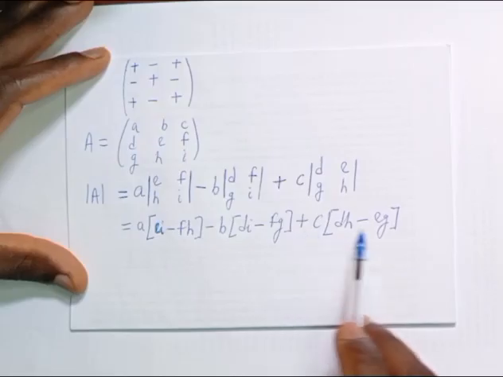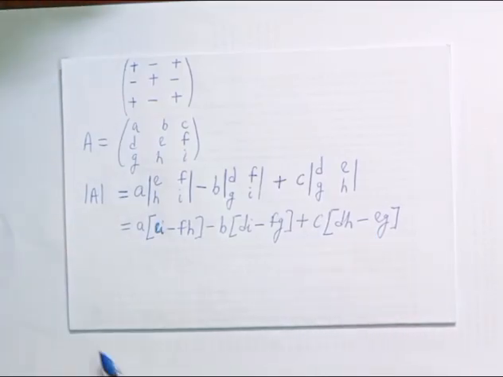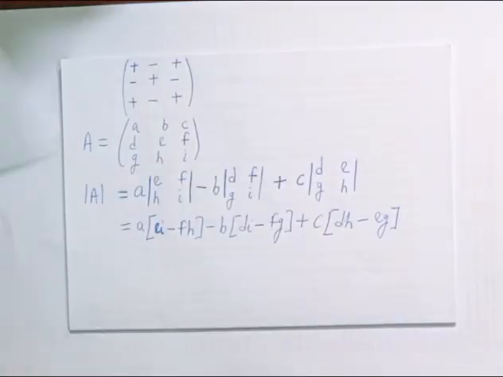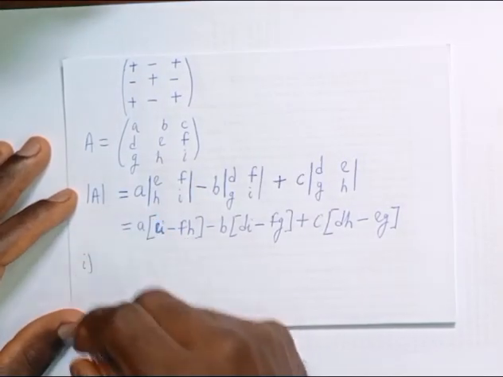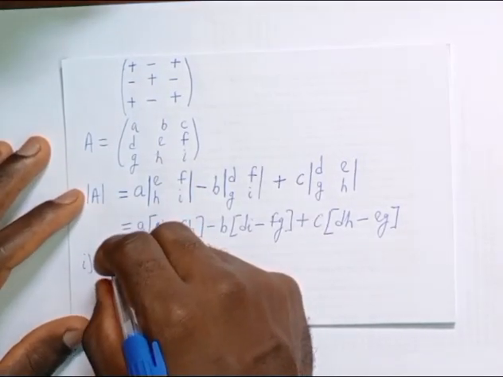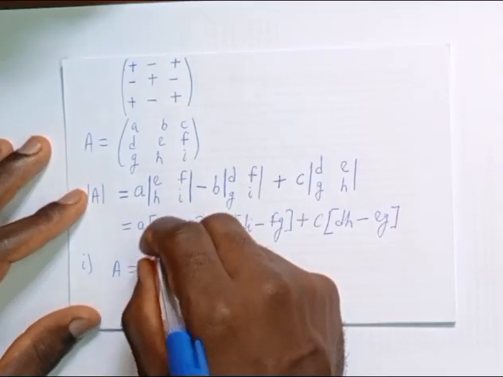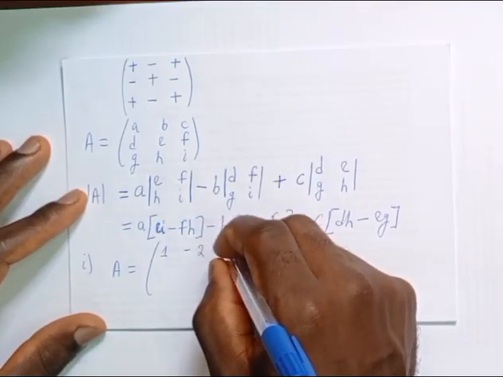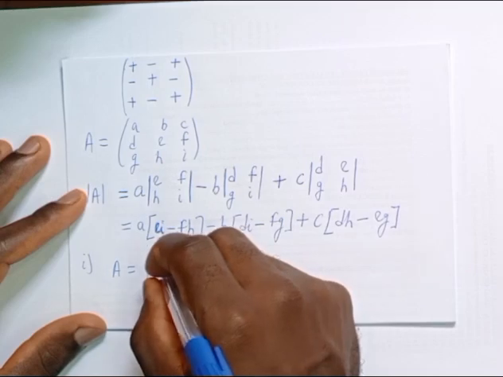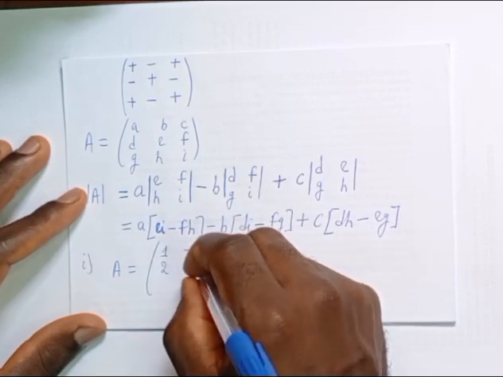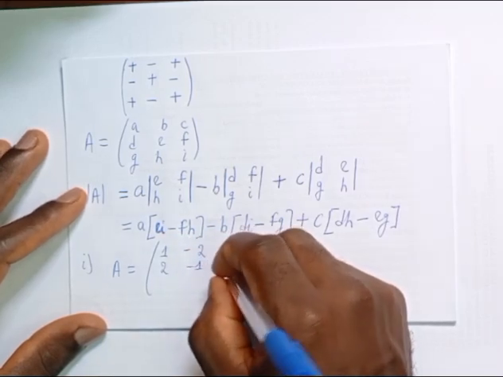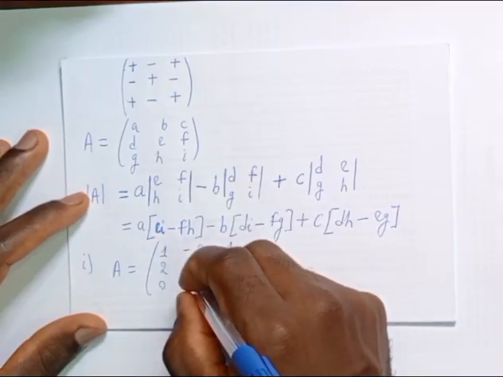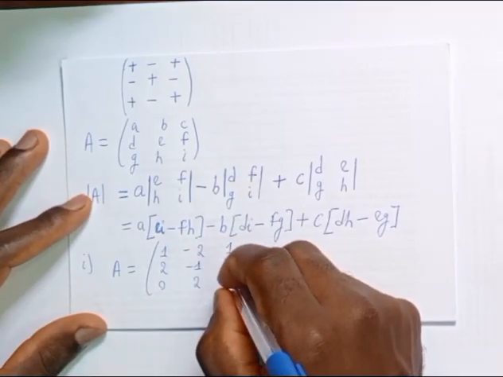By making use of this formula, we can find the determinant of the following 3 by 3 matrices. We take the first one for question I. We have to find the determinant of the matrix A, which is equal to 1, -2, 1, 2, -1, 3, 0, 2, 1.